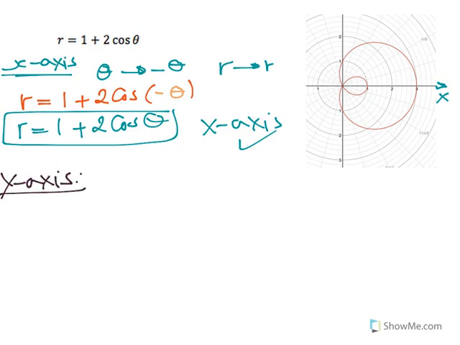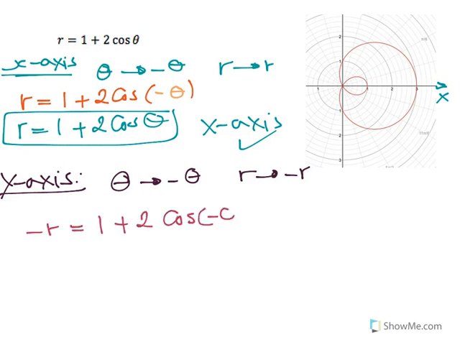The y-axis. As you know, the first test that we have is replacing theta by negative theta and r by minus r. So it's going to look something like this: minus r equals 1 plus 2 cosine of minus theta. That means minus r equals 1 plus 2 cosine theta, as I said, it's an even function.